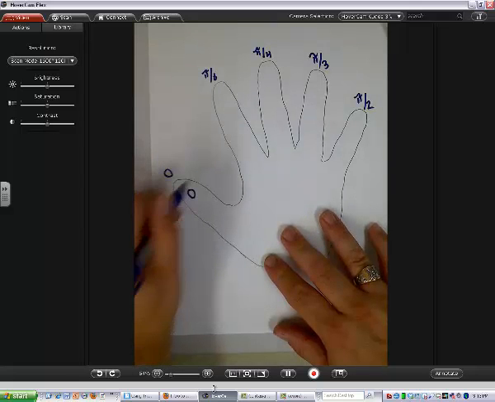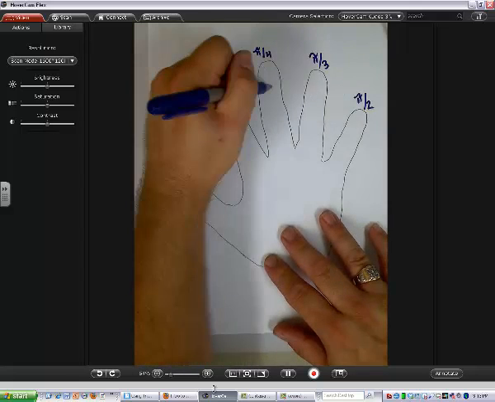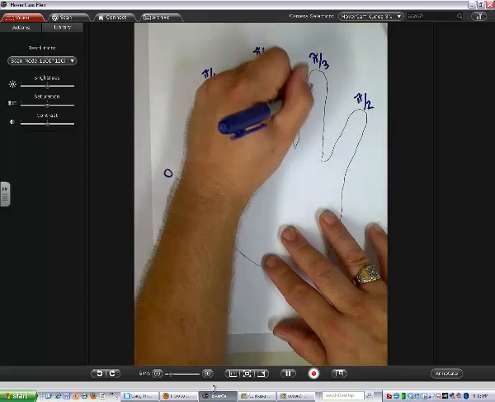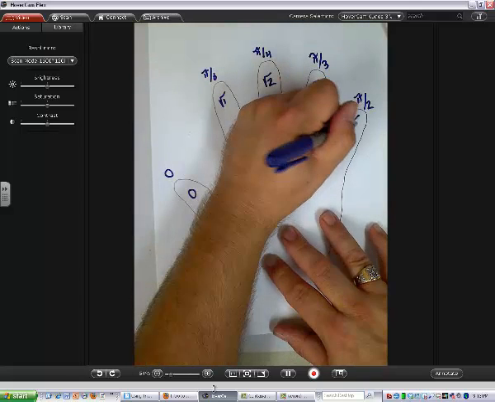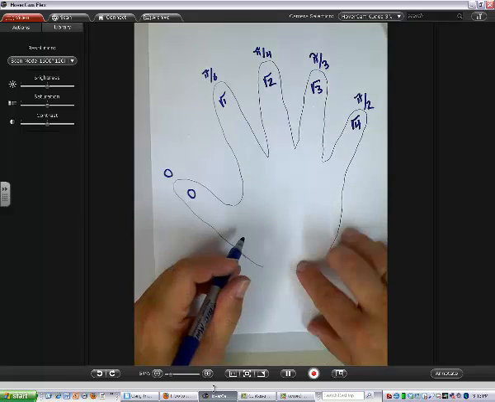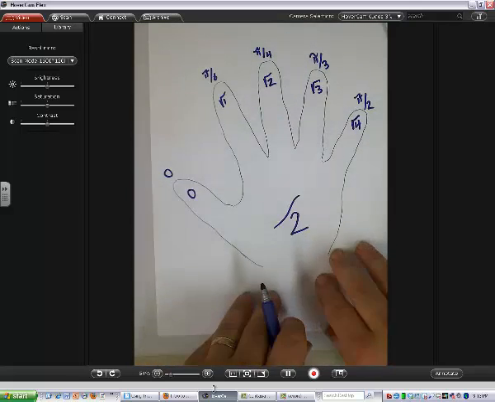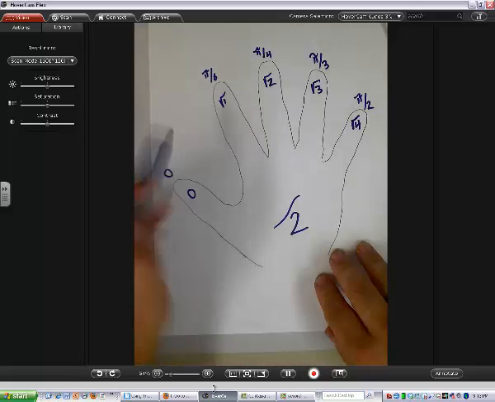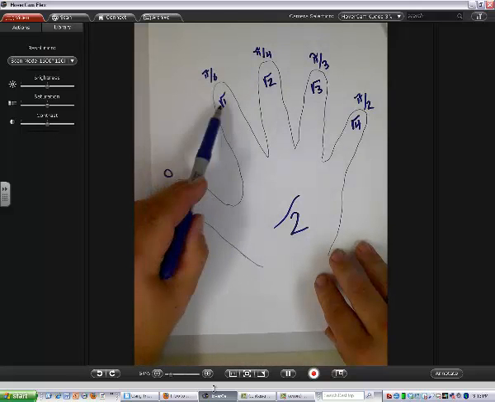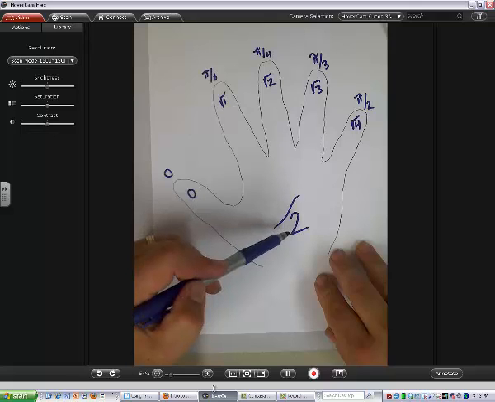Inside the hand I've got 0, square root of 1, square root of 2, square root of 3, square root of 4. Okay? And in my hand, I've got over 2. If I want to know what the sine of pi over 6 is, square root of 1 over 2. What's the square root of 1? 1. Okay?